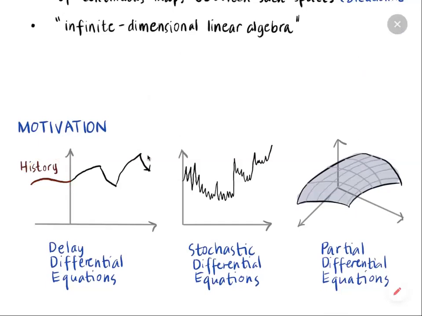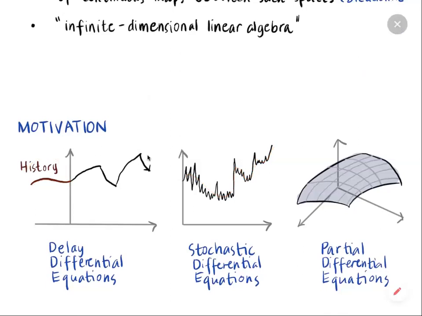The second example is stochastic differential equations, where instead of having a smooth curve or trajectory that solves the differential equation, you have some sort of randomness.